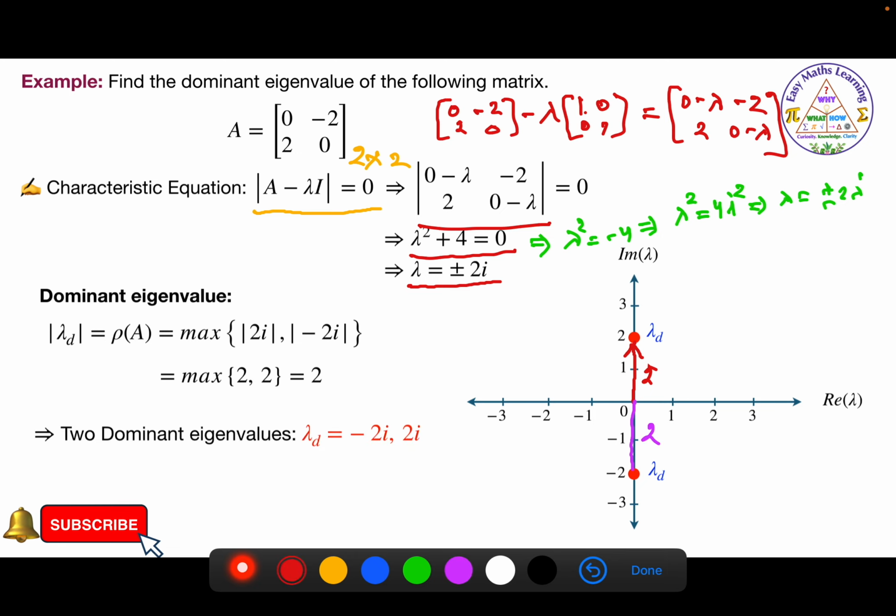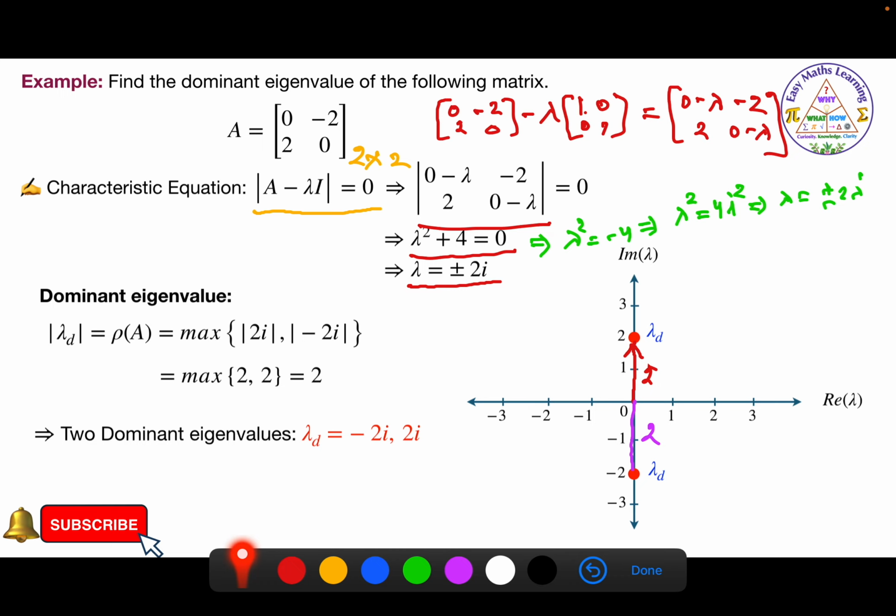So we get the maximum modulus, or maximum magnitude, which is 2, corresponding to both eigenvalues, -2i and 2i.